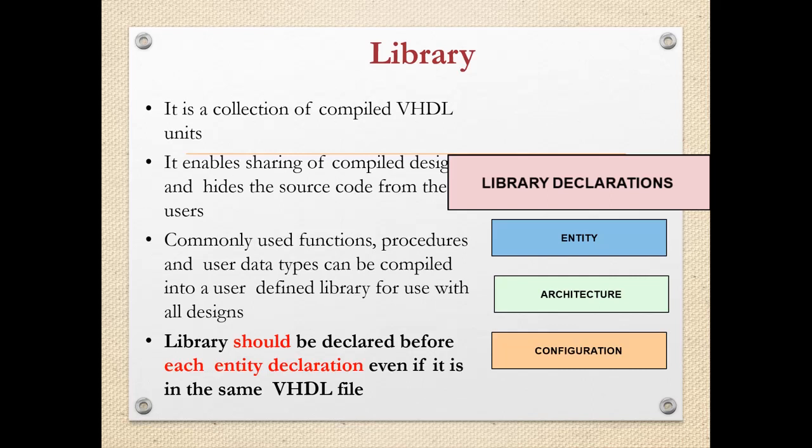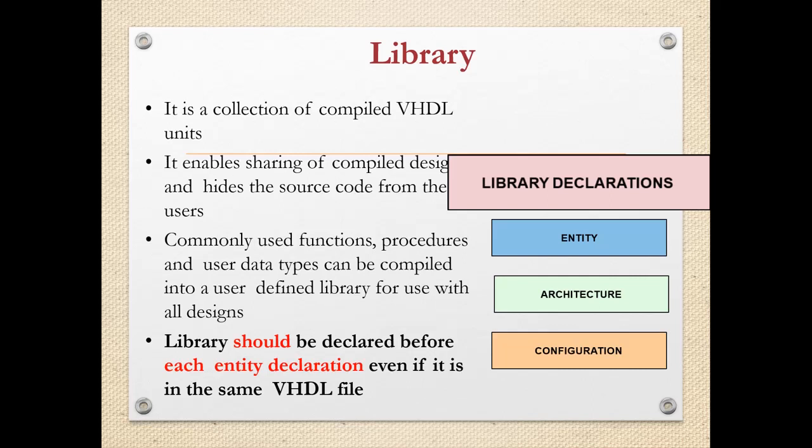So it is a common area which can be accessed through the different architectures and the different programs, and hence here we can keep the codes which are called library components, which can be called by writing some statements in the library declaration.